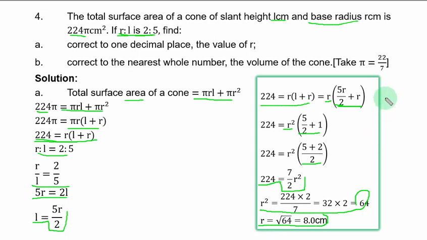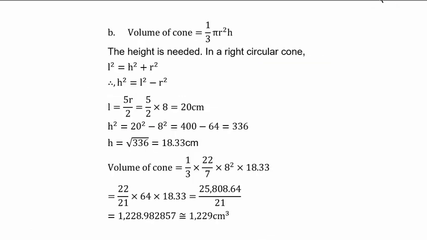Next is to find the volume of the cone. So B part, volume of the cone, this is the formula, 1 over 3 pi r squared h. The height is needed. Now in a right circular cone, the square of the slant height is equal to the square of the height plus r squared.